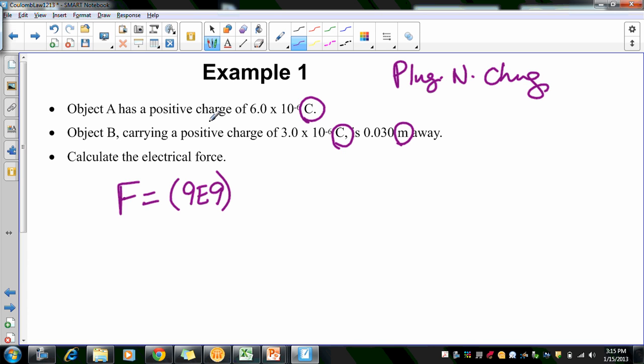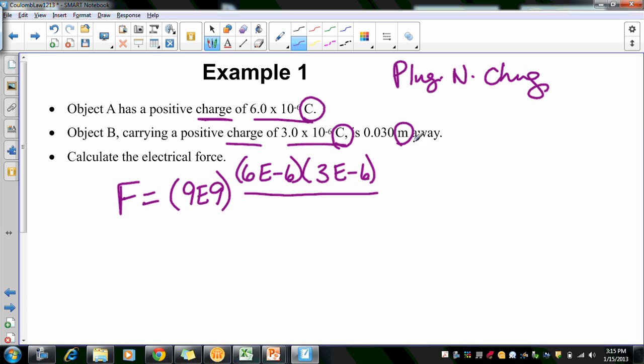Q1, so here we go, charge 1, 6e negative 6 times charge 2, which is 3e negative 6, all over distance, which is measured in meters, 0.030, squared.